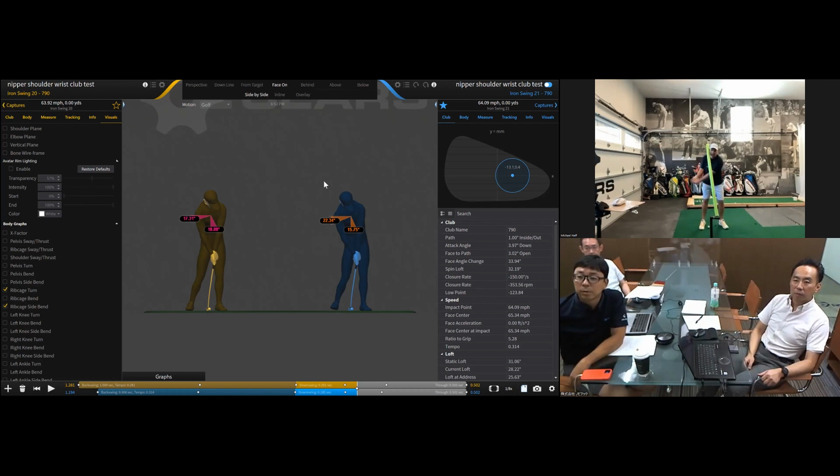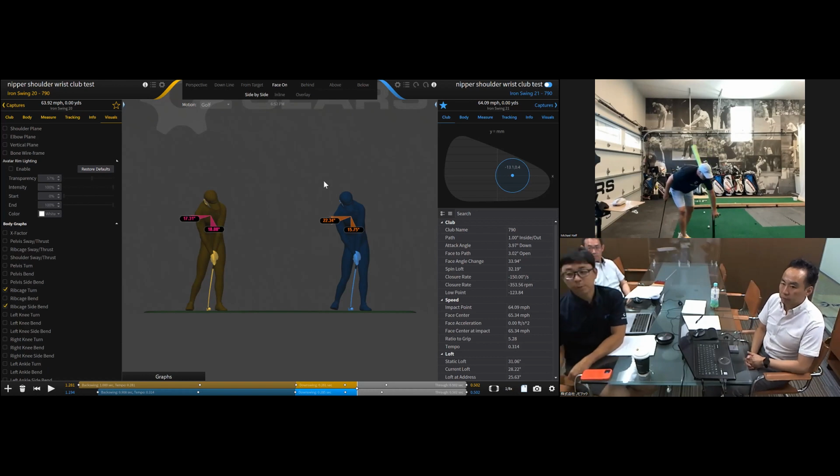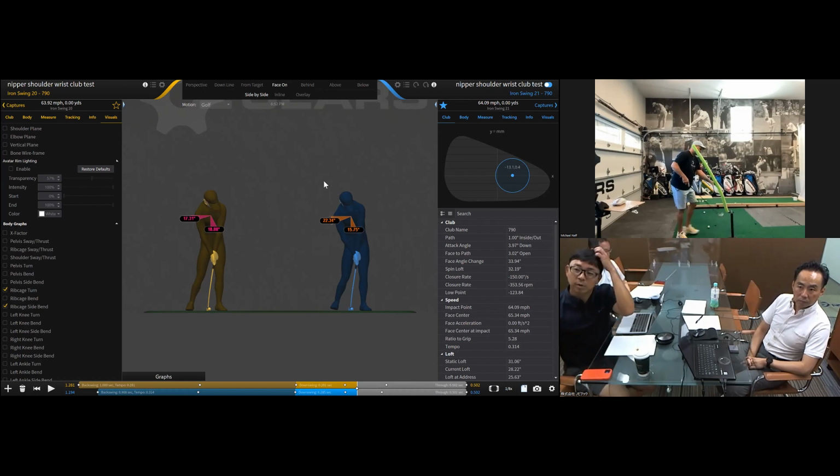Okay. And I would feel them lower the club like this without the handle moving back. So this basically allows me to turn now without side bending. By lowering the club so it doesn't hit the noodle, we prevent the side bend, and then the body gradually becomes able to turn. Okay, like this.